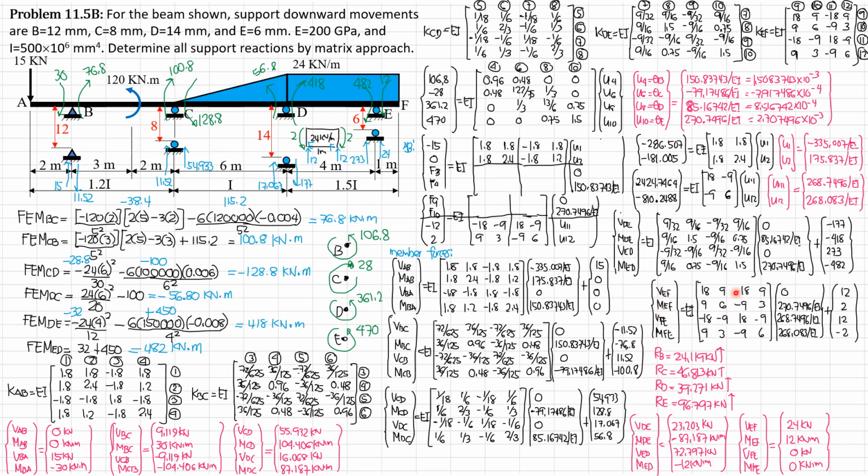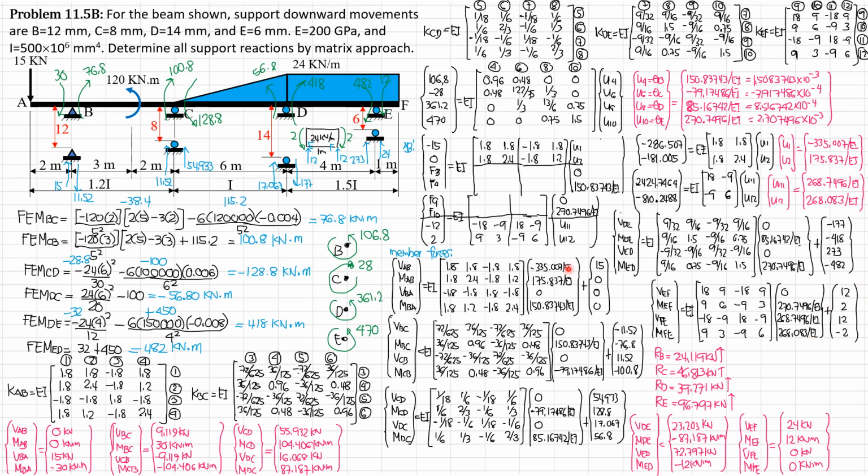And finally, for EF, member forces EF, stiffness of EF, then the displacements 0, U10, 0, U9, 0, U10, theta E, 270.7496 over EI. This is U11, and this is U12.